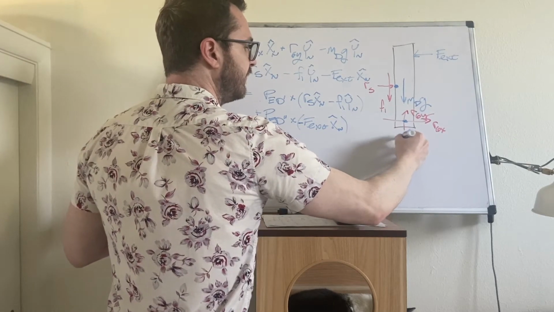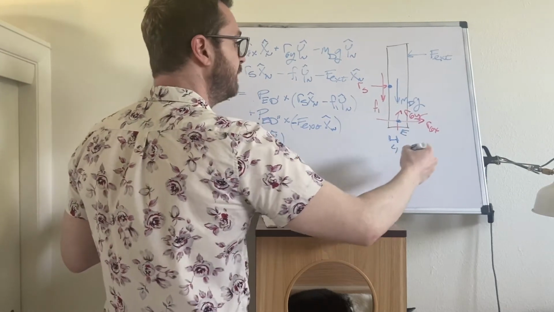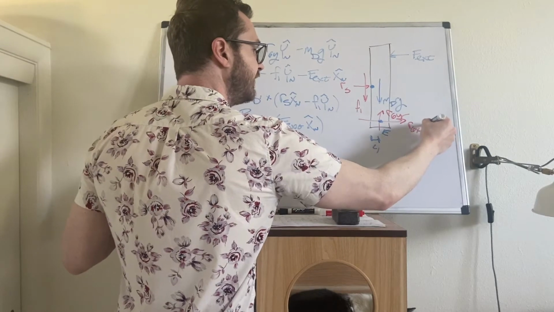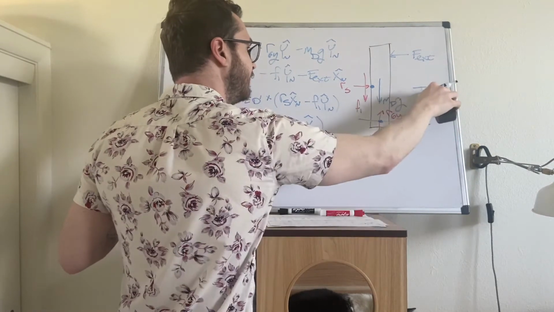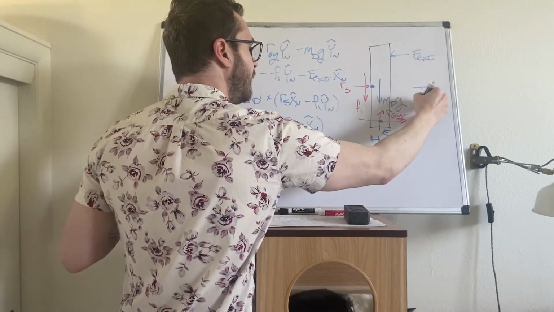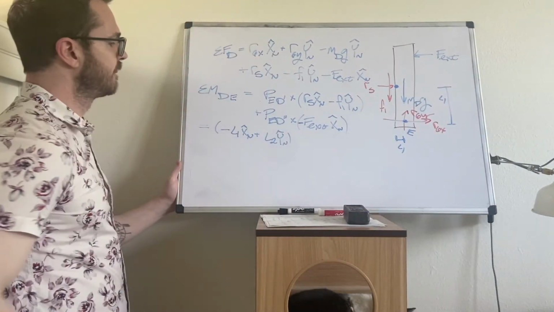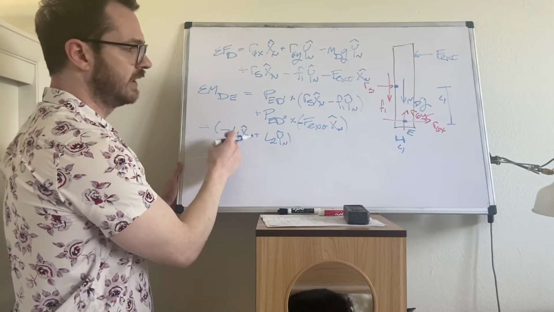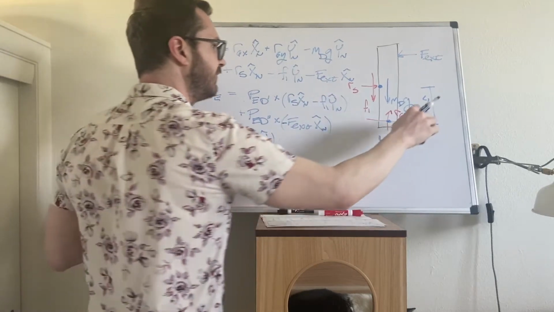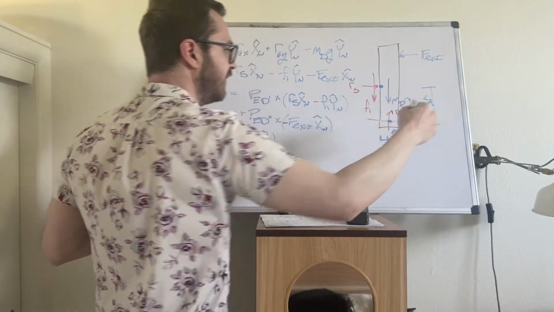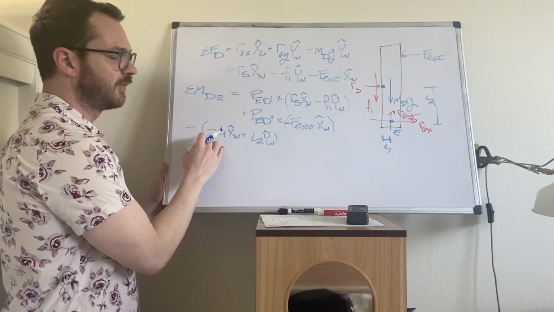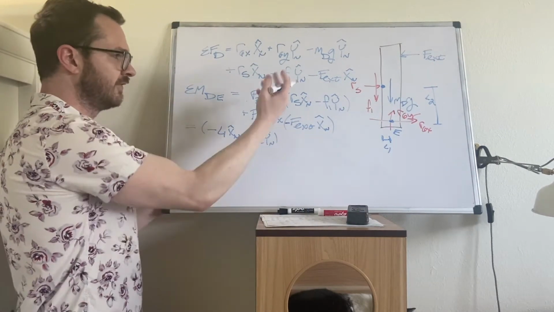This horizontal distance, this is L1, and then the distance from E to this first contact point, that is L2. So we went L1 in the negative x, and we went L2 in the positive y.